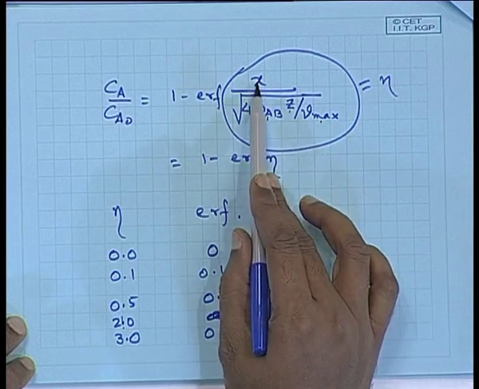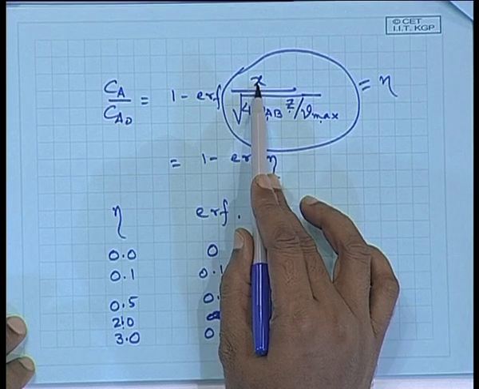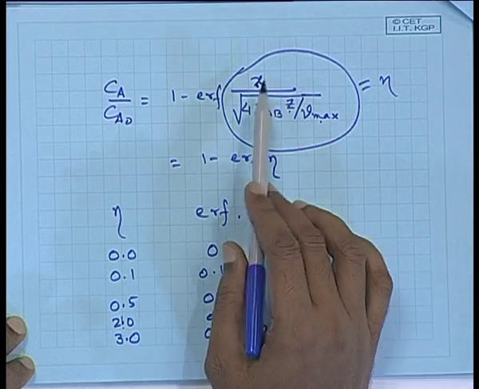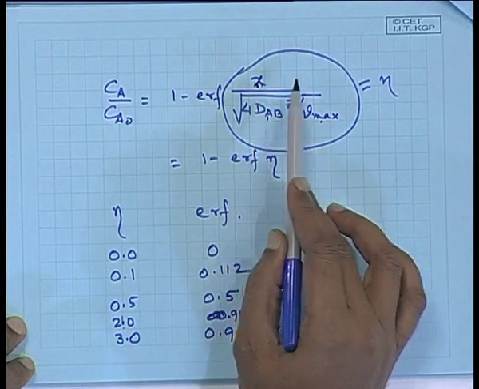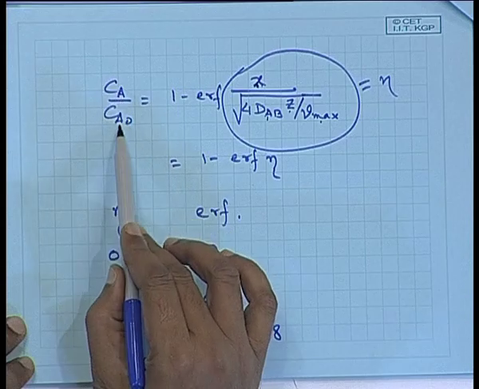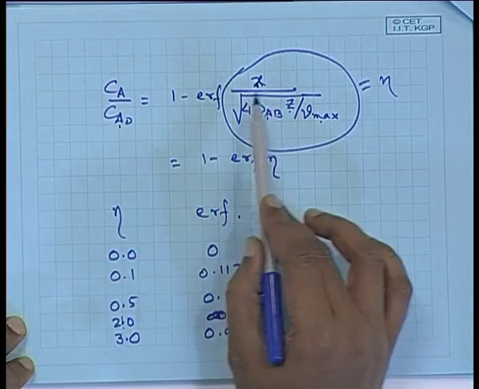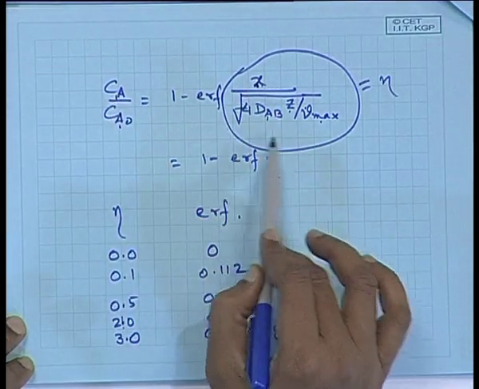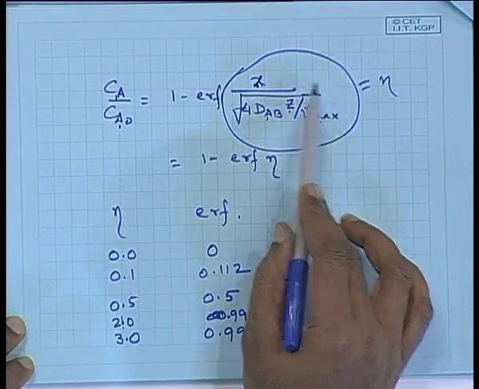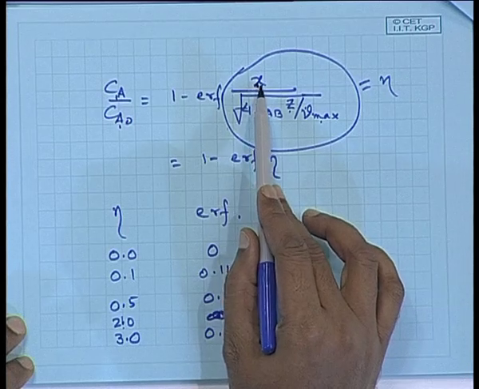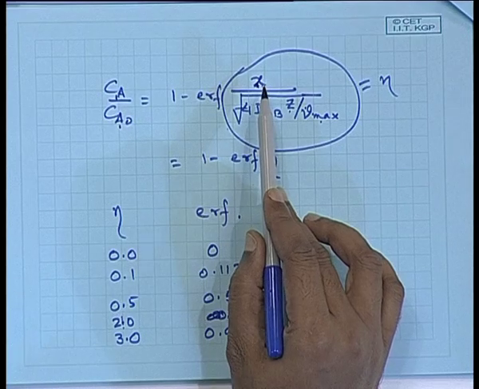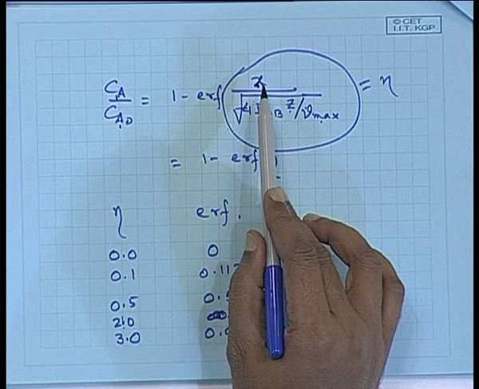Find out what your boundary layer thickness is at that point, because the boundary layer thickness is nothing but delta, the x at which Ca is almost equal to 0. When eta is equal to 3, Ca is almost equal to 0. So put this value equal to 3 and find out up to what extent you are going to find some A in the liquid film.